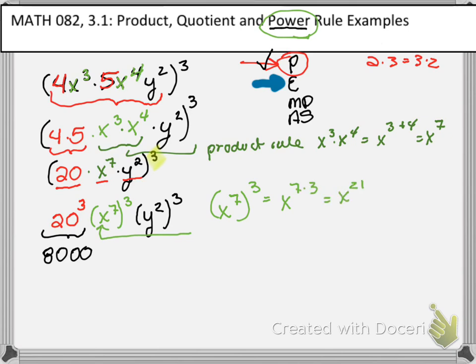If that's a little bit fuzzy, go back and watch the video I already made on the power rule. So that becomes 7 times 3, that's 21. And likewise, y to the 2 times 3 is y to the 6th power. And that's it, we're done. Our final answer is 8,000 x to the 21st power, y to the 6th power.